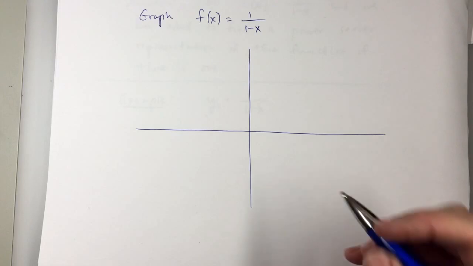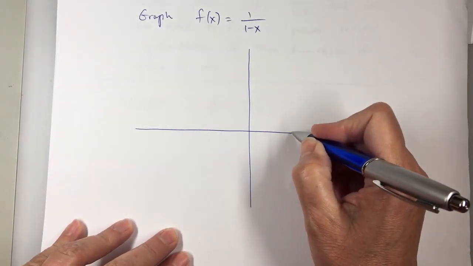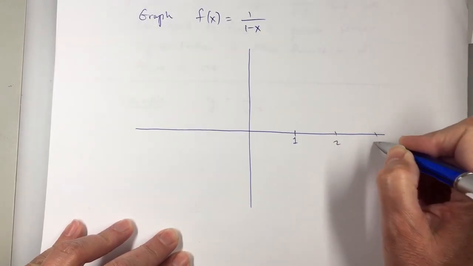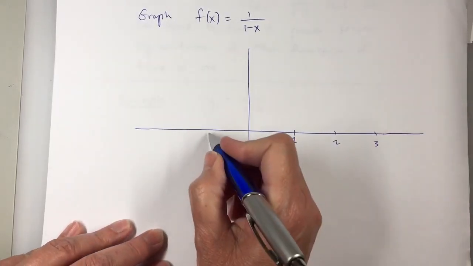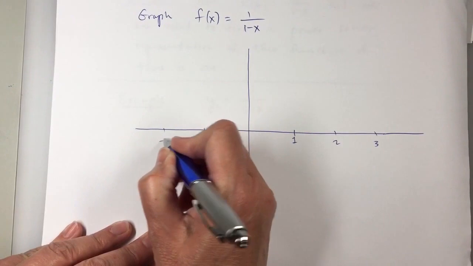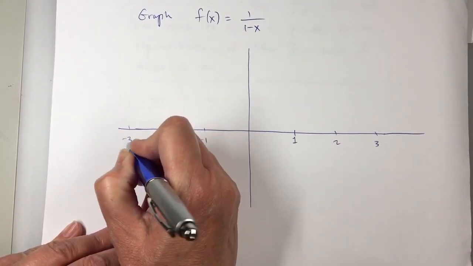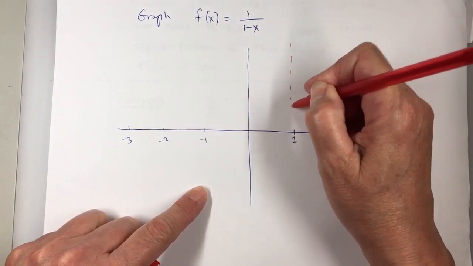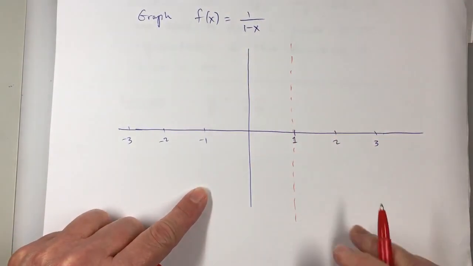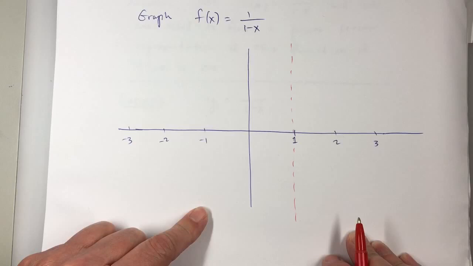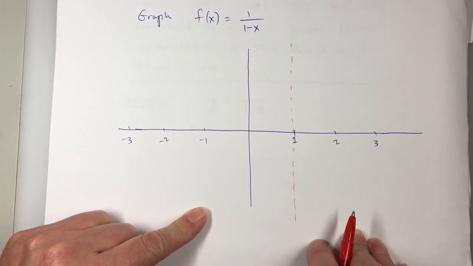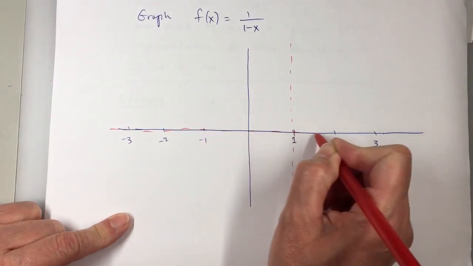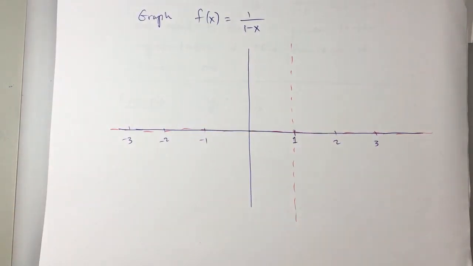I'll try to space this out a little bit. 1, 2, 3, okay, negative 1, negative 2, negative 3. So there's a vertical asymptote at 1. Is there a horizontal asymptote? Yes, it is the x-axis. How do you know that?